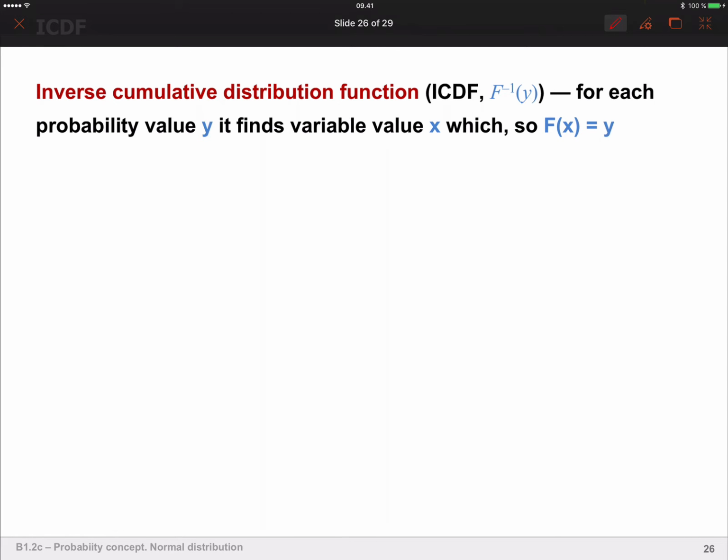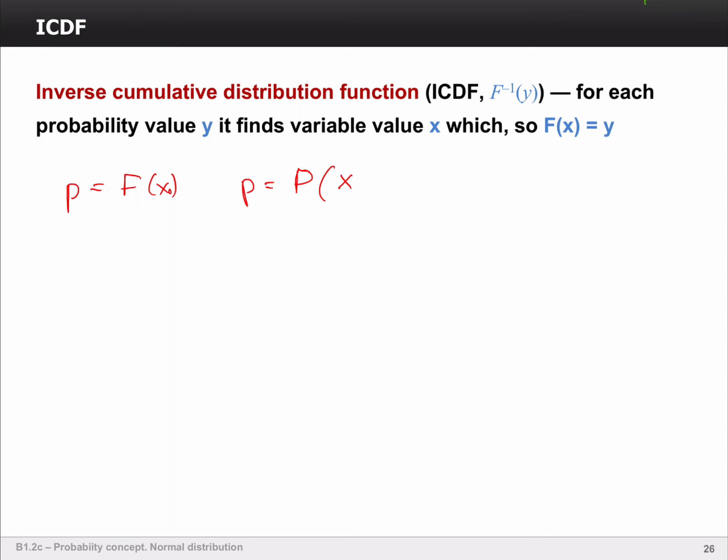Now, what do we know about CDF? We know that CDF gives us a p-value. So, for example, p equals F of x, okay? What is this p? It's a probability. Let me call the value x0 again. It's the probability to find a value which is equal to or below the given one, okay? So it's the area on the left in the density distribution curve.